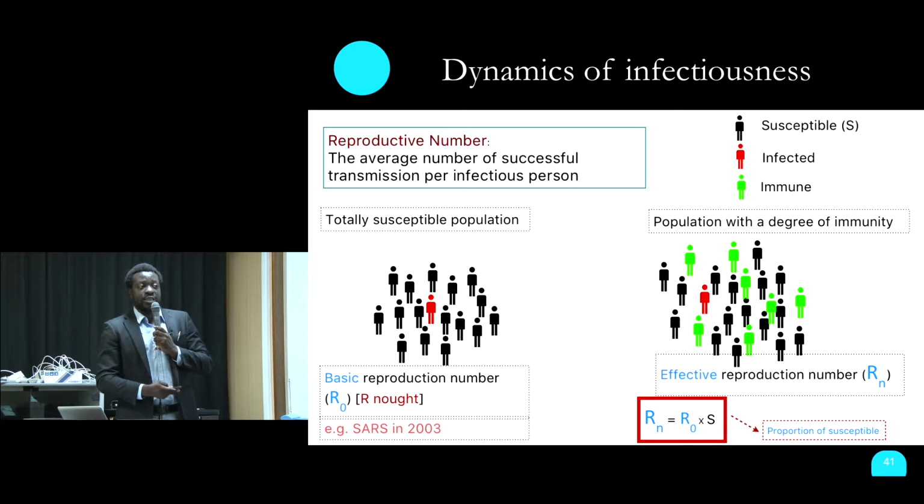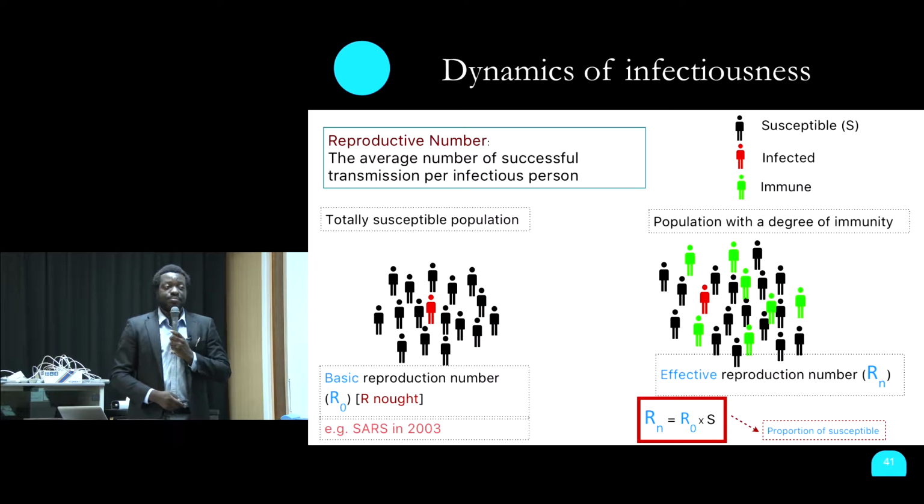In that case, we don't talk about the basic reproduction number, but about the effective reproduction number. The effective reproduction number is just the basic reproduction number multiplied by the proportion of those who are susceptible.